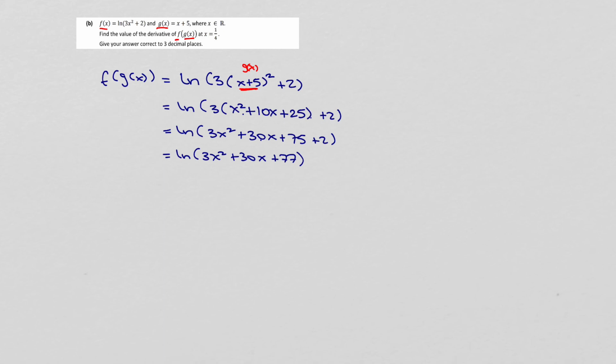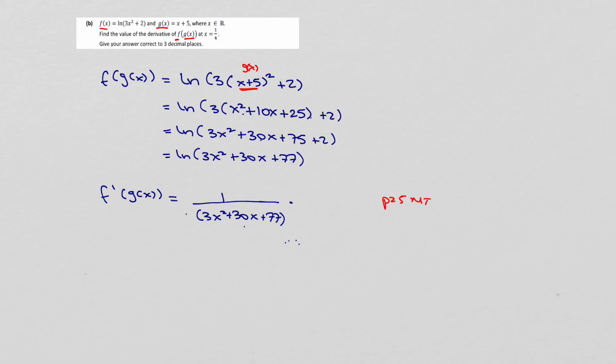So now I have to find the derivative of this function. So it's a natural log function. So again, we'll go to page 25 in our maths tables to see that if I differentiate a natural log function, that it's 1 over the function multiplied by that function differentiated.